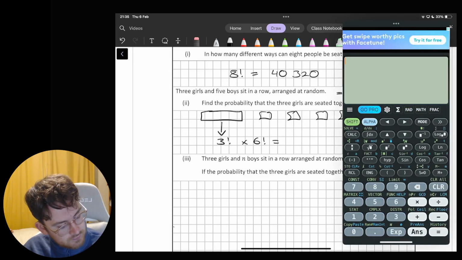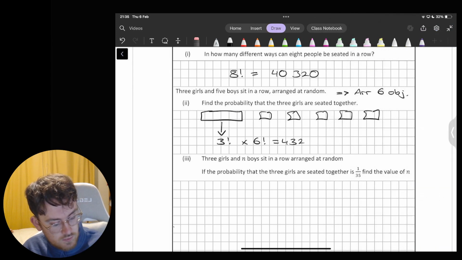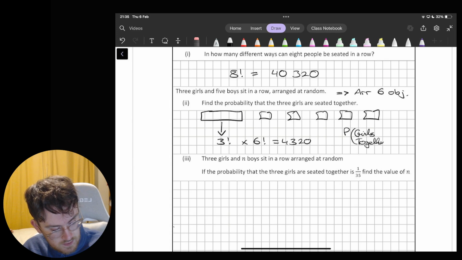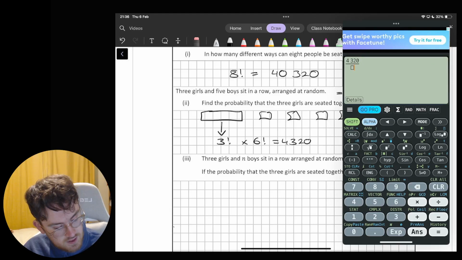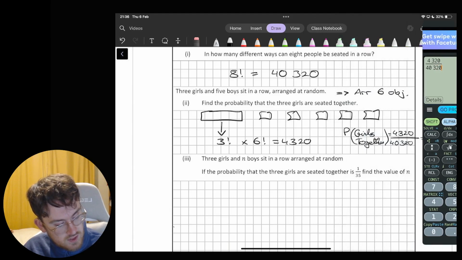So that's 3 factorial times 6 factorial, which gives me 4,320 different ways of arranging them. So the probability that the girls are together is 4,320 out of the 40,320 possible outcomes. Does that reduce down? 3 out of 28 here.